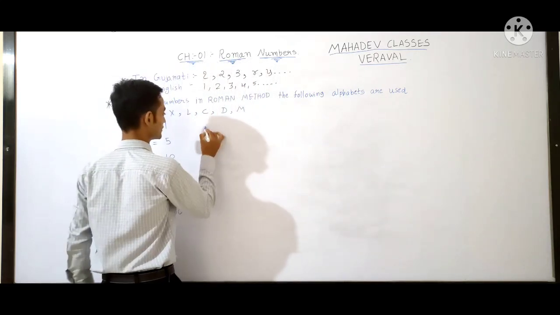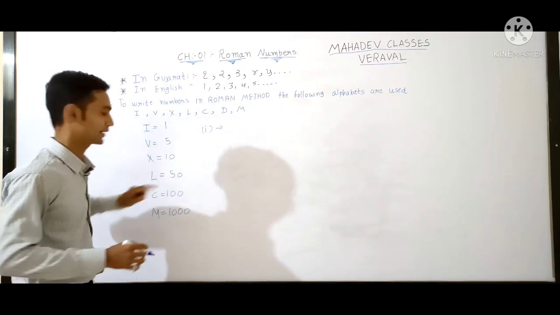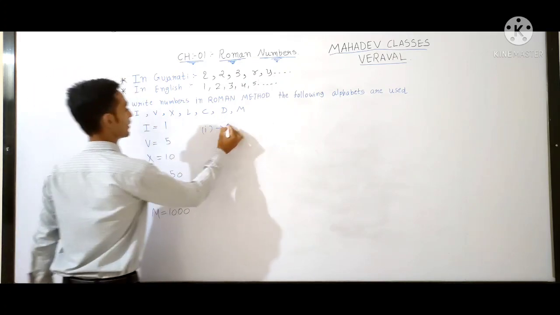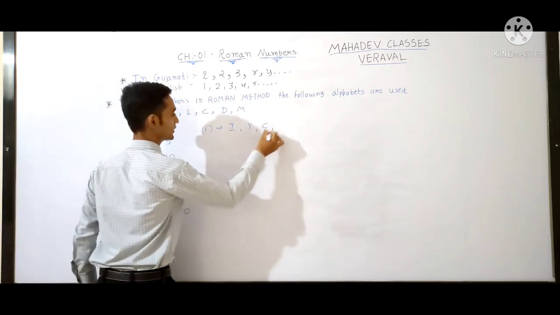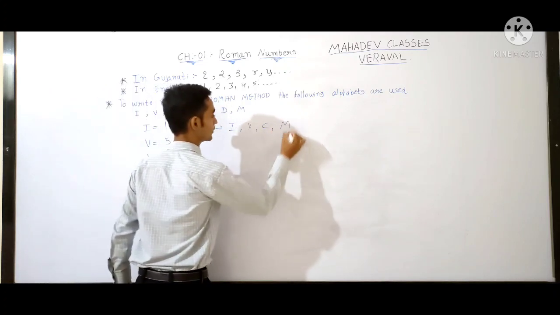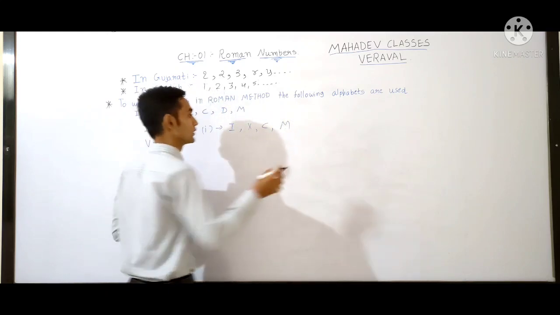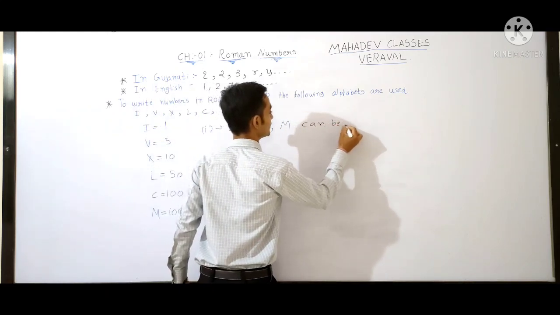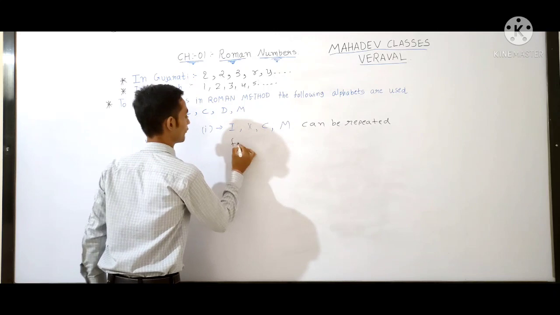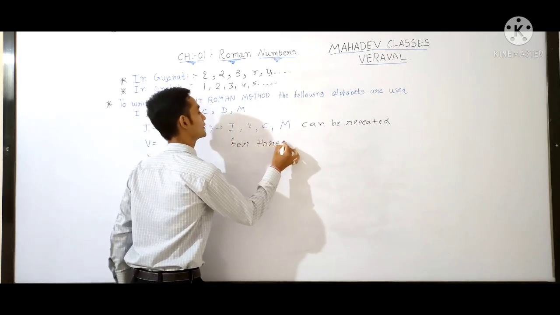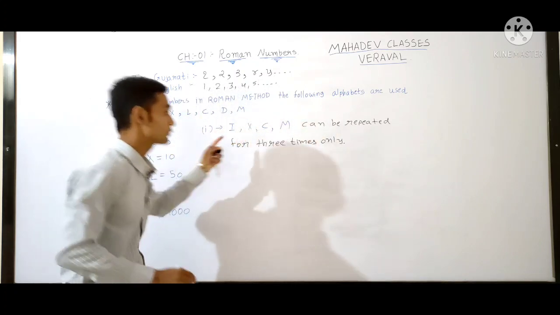The first rule: you can see that 1, 10, 100 and 1000 are written as I, X, C and M. So here you can see that I, X, C, M can be repeated 3 times only. This was rule number 1.